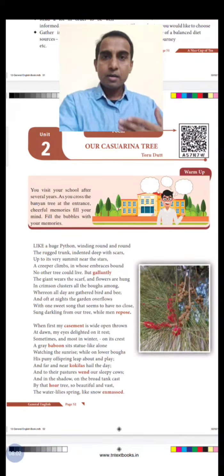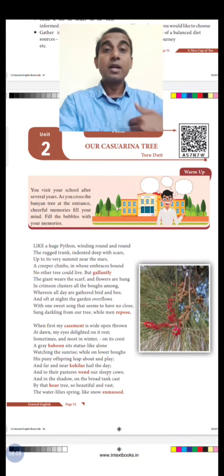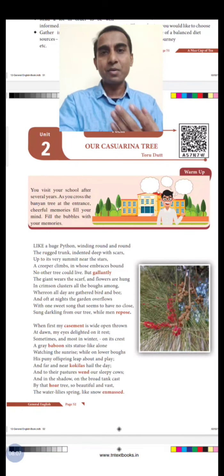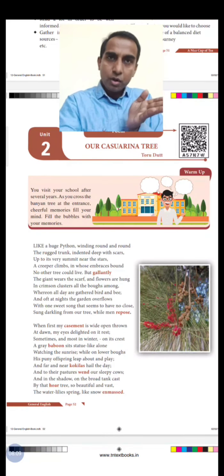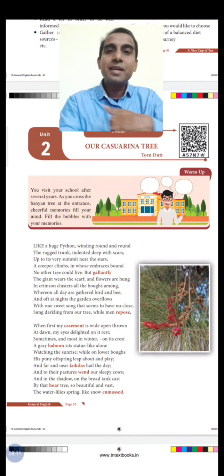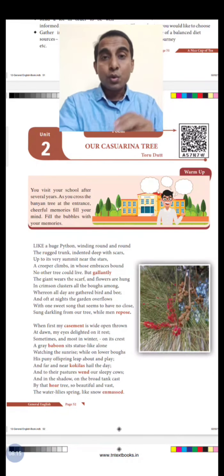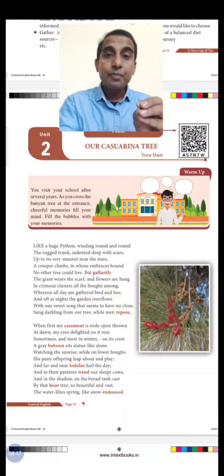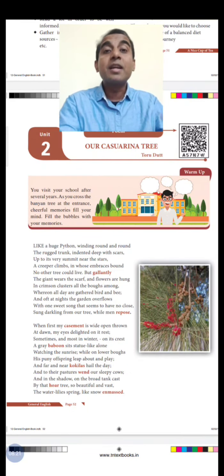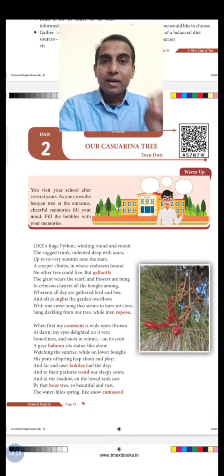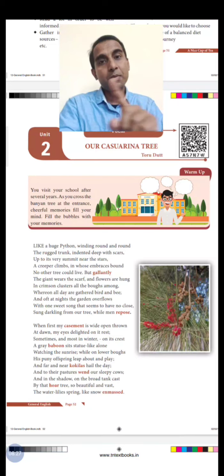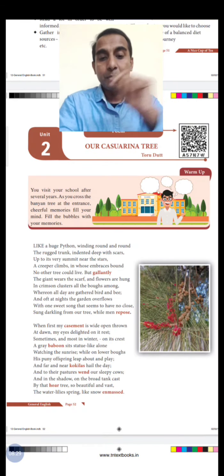Because the creeper went round the trunk, it was having scar marks, because the creeper has gone deep inside the trunk. What the poet is telling is that no other tree would have been able to bear the scar which the creeper gave. Only this Casuarina tree was able to bear the scar mark which was given by the creeper, which is going round and round like a python.